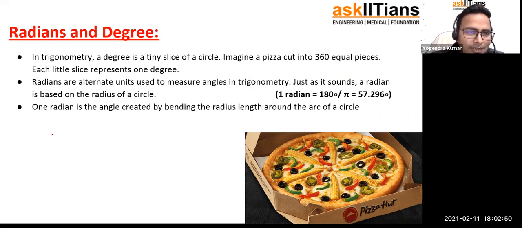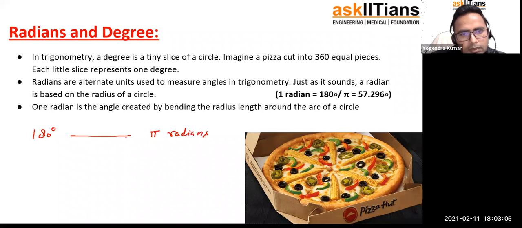Let's understand that. One of the easiest ways to remember this is like this: 180 degrees is pi radians.